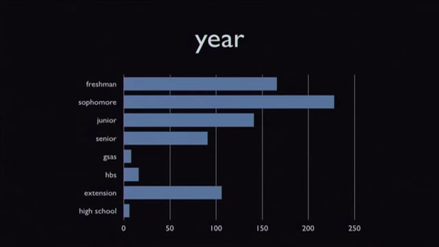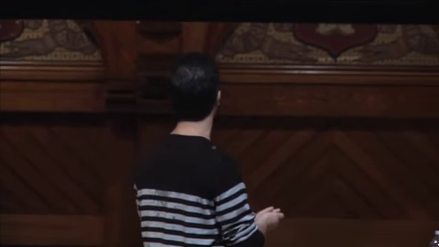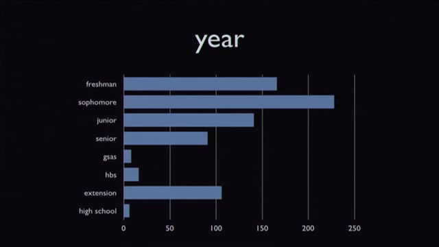In terms of the demographics, as is typically the case, sophomores are winning this year, followed by freshmen, juniors, and seniors. Realize, seniors, you're in very good company. There's almost 100 of you, so lest you feel like you're the oldest person in the room, you are not. We have folks from GSAS, HBS, Extension School, and those local high schools, so we have quite the diversity of students this year.